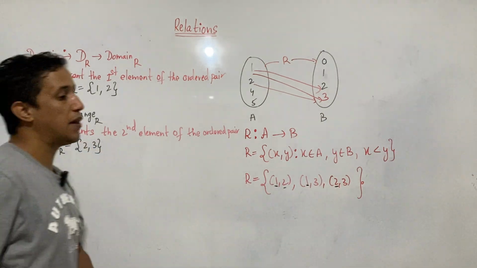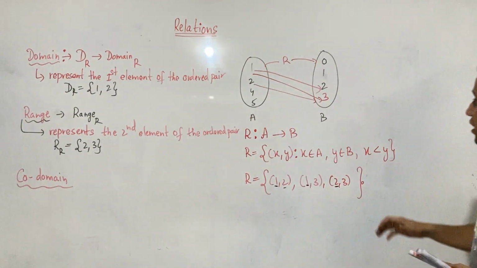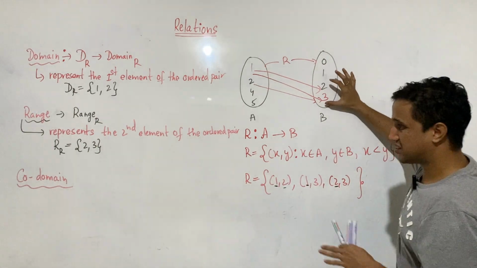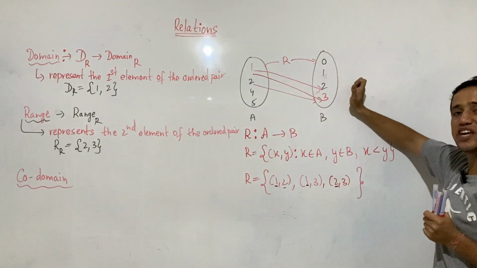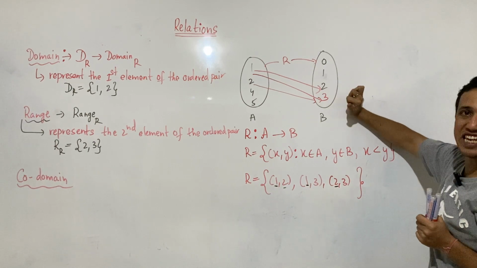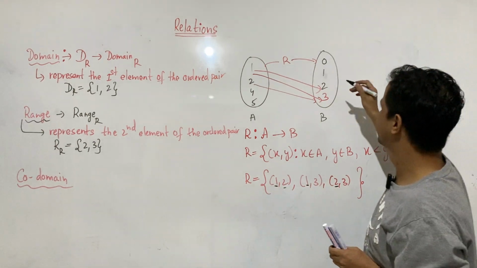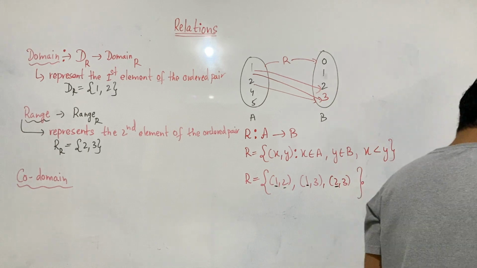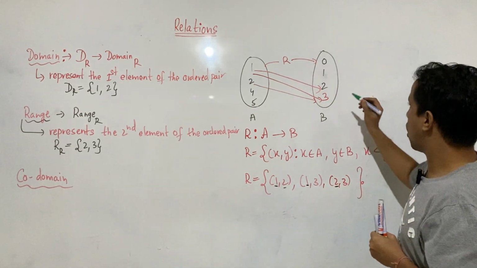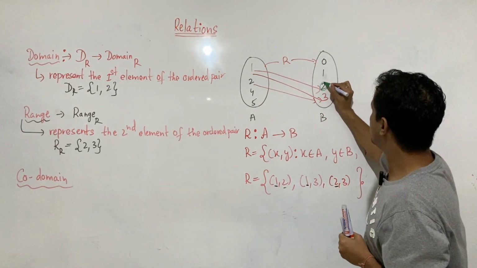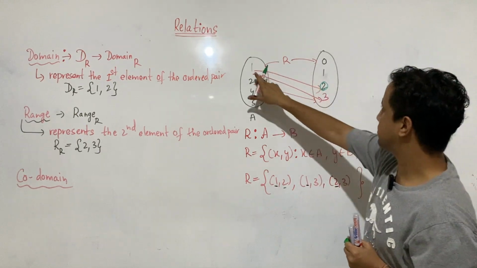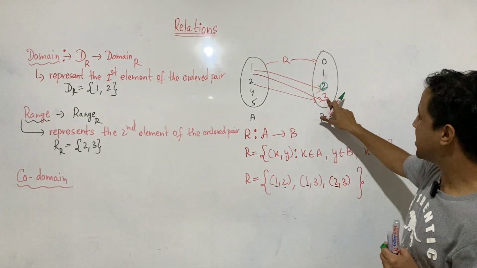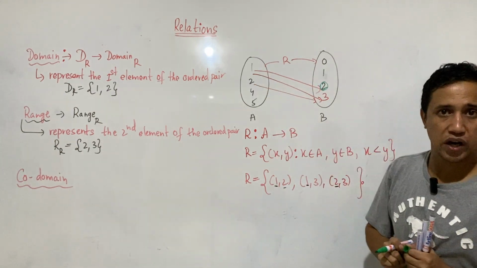Now there is one more thing. The elements that are in the range, sometimes we call these elements images. See here, we can say that 2 is the image of 1, 3 is the image of 1, 3 is the image of 2. Understand?